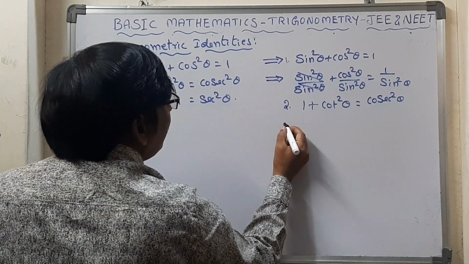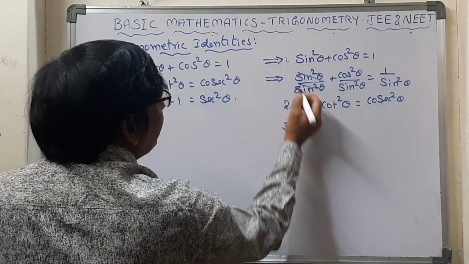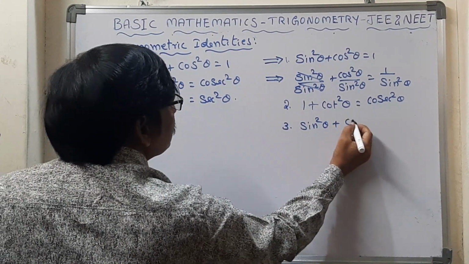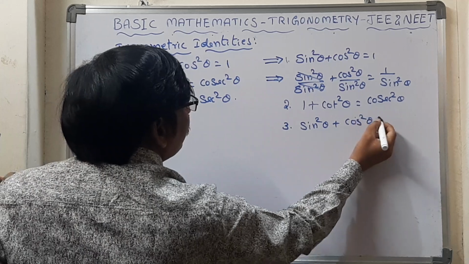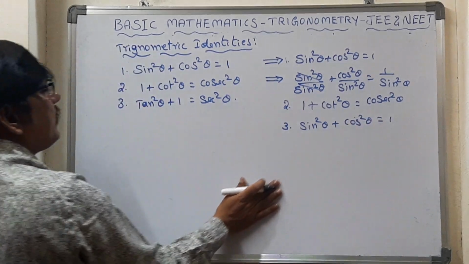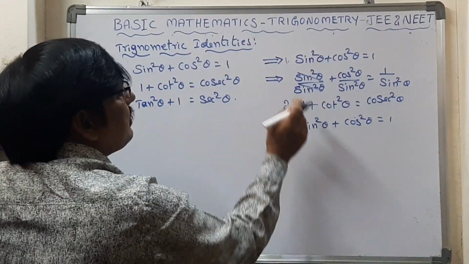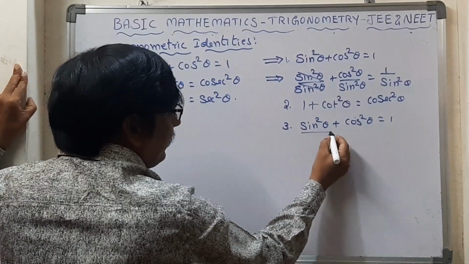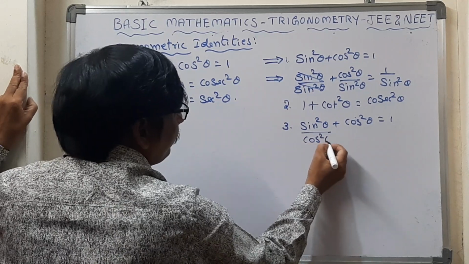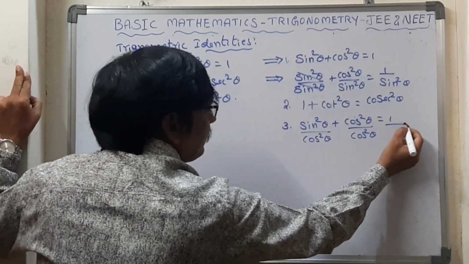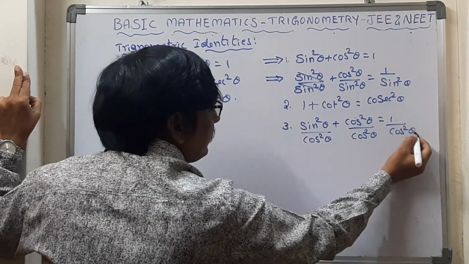And for the third equation, what do we have to do? Take the same, sin square theta plus cos square theta is equal to 1. Divide this entire thing with cos square theta, this one also with cos square theta, and this one also with cos square theta.